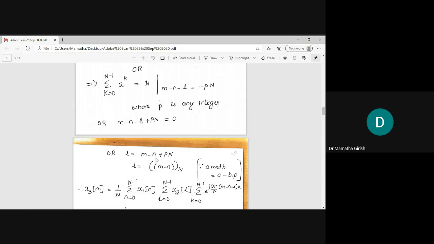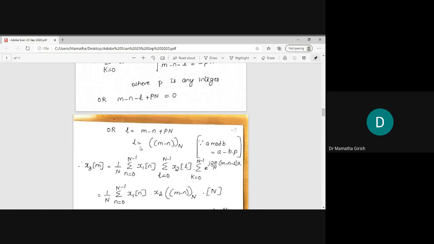Treat this as the value of A and treat this as the value of B and get that circular shift property over here. So what is the value of L written as? M minus n modulo n. Please note that this n is the modulo index n, because a mod b is a minus b into p, the same notation you have learned in the circular shift property.